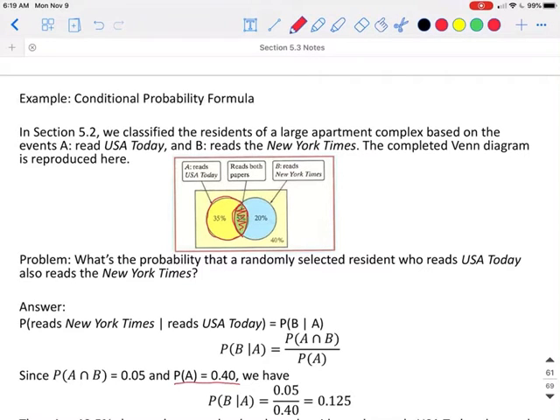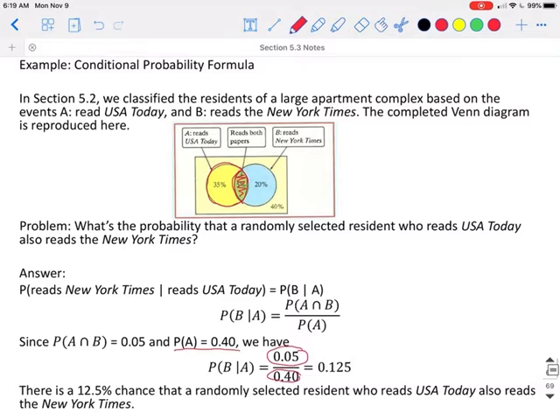So given that they read the USA Today, which we put in the denominator, what percent of those people also read the New York Times? And that's 5% of them. And so if we do 5% divided by 40%, that's going to leave us with 0.125, or there is a 12.5% chance that a randomly selected resident who reads the USA Today also reads the New York Times.